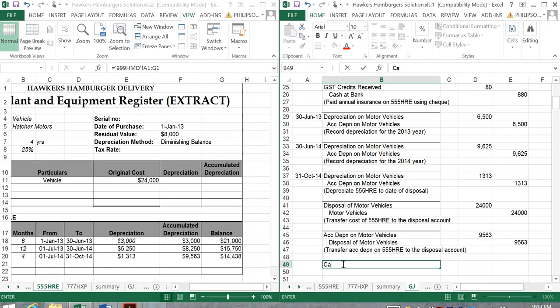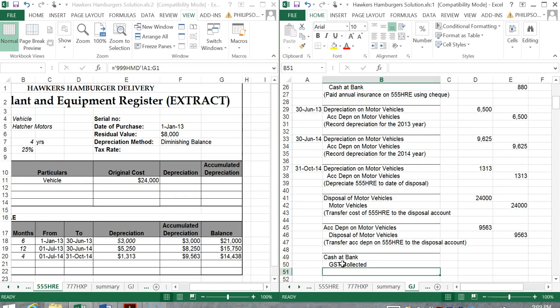And the question says, third paragraph, we sold it for 14,000 plus GST to Strang Scrap Metal for cash. Okay, so it's going to be debit cash at bank, credit GST collected, and credit disposal of motor vehicle.